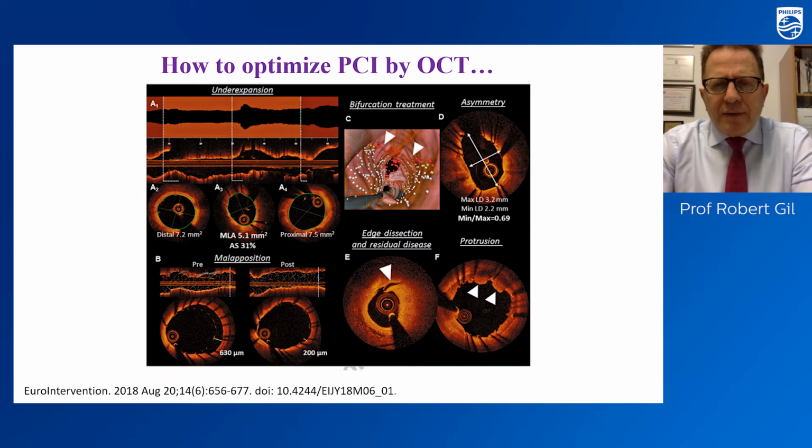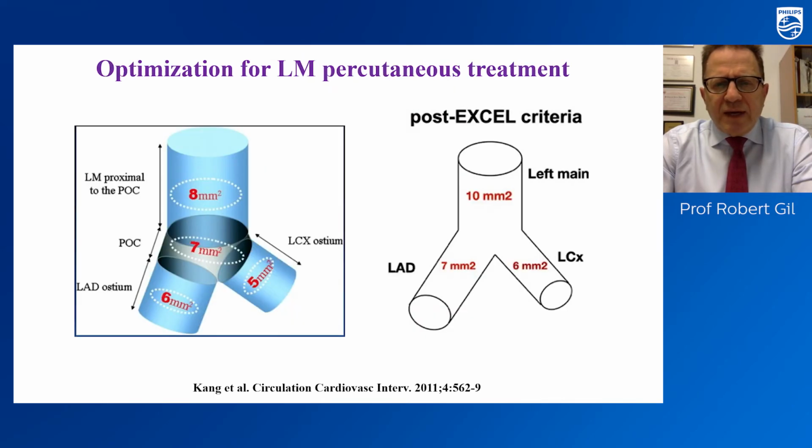The results in terms of illustration are much better for part of the interventionalists. But we have to remember that in terms of distal left main, this is not always the case. In terms of optimization for left main percutaneous treatment, we have to remember that the so-called Kang's rules are still valid. So this rule of 5, 6, 7, 8 square millimeters for left main assessment after stenting is valid.